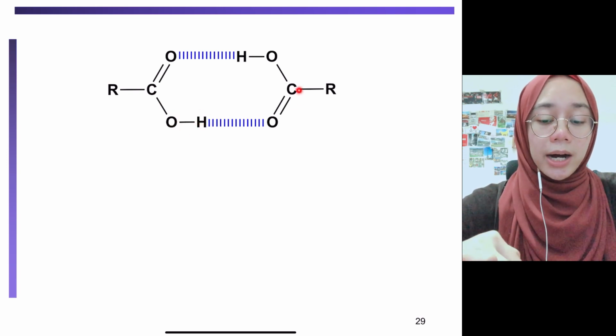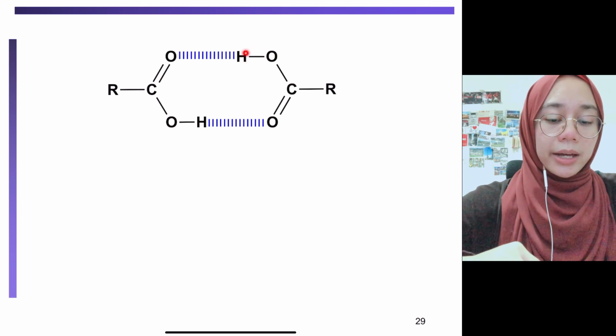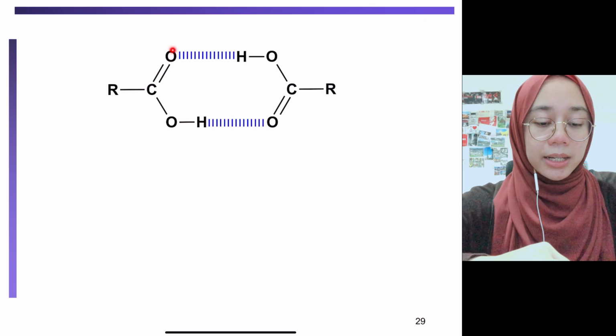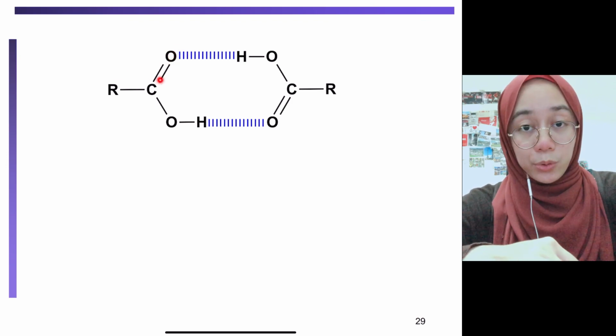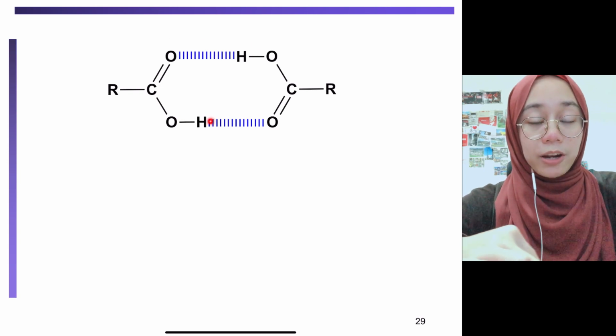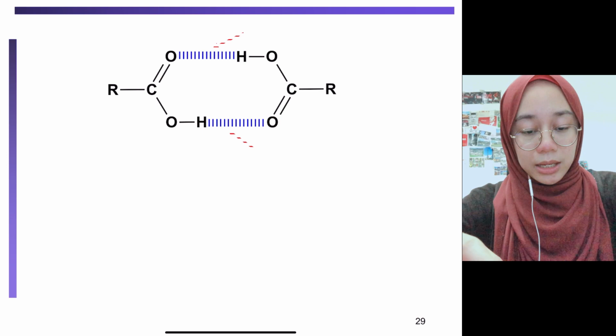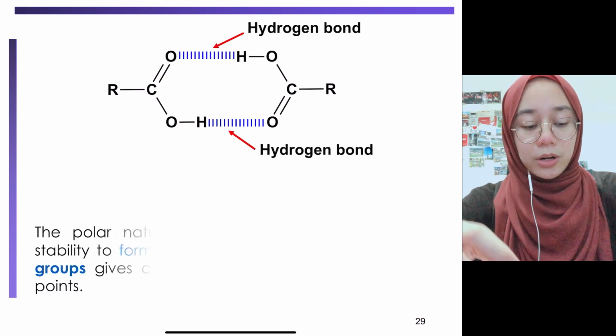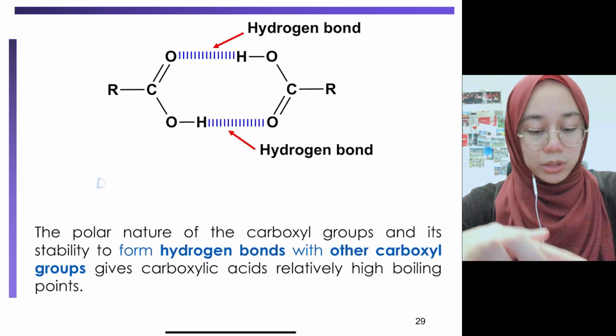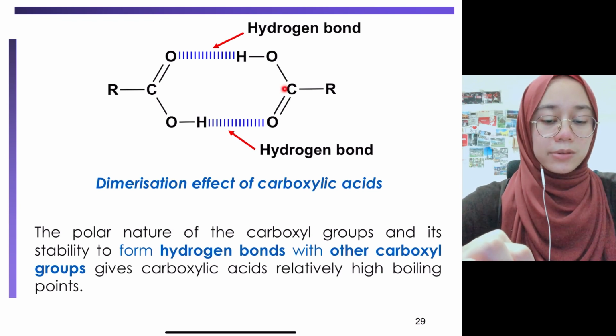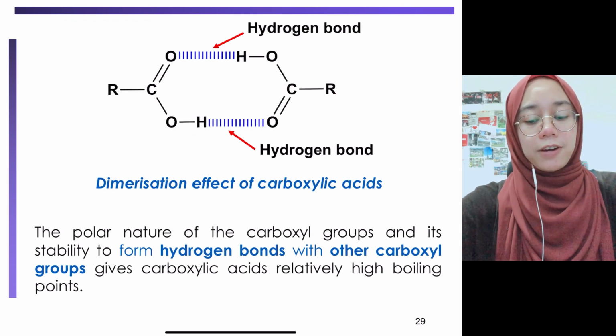Okay. Meanwhile, OH yang ke atas ni pula, H ni, dia form hydrogen bond dengan oxygen yang datang daripada bahagian carbonyl of the other molecule. So that is why dia boleh form hydrogen bond kat sini. Okay, so ini dipanggil sebagai hydrogen bond lah. Okay, so this is what we call the dimerization effect of carboxylic acid.